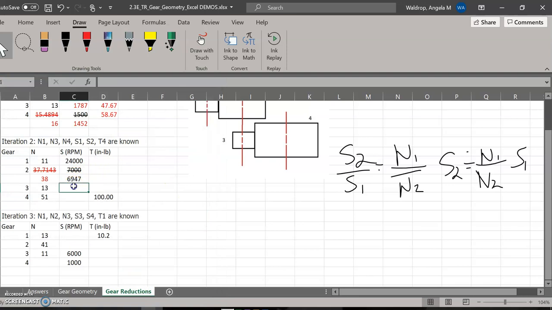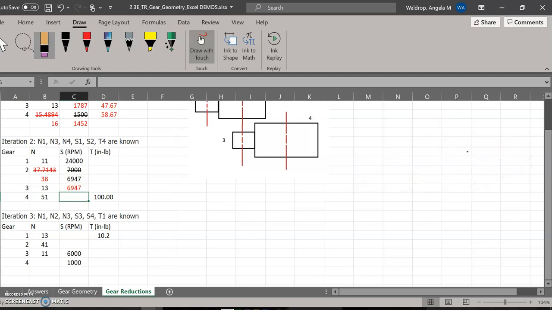Okay. Now this speed is also going to be equivalent because S2 and S3 are on the same shaft. So I copied that down. And my next thing to calculate is going to be my S4. If I write a formula for that, S4 over S3 equals N3 over N4.